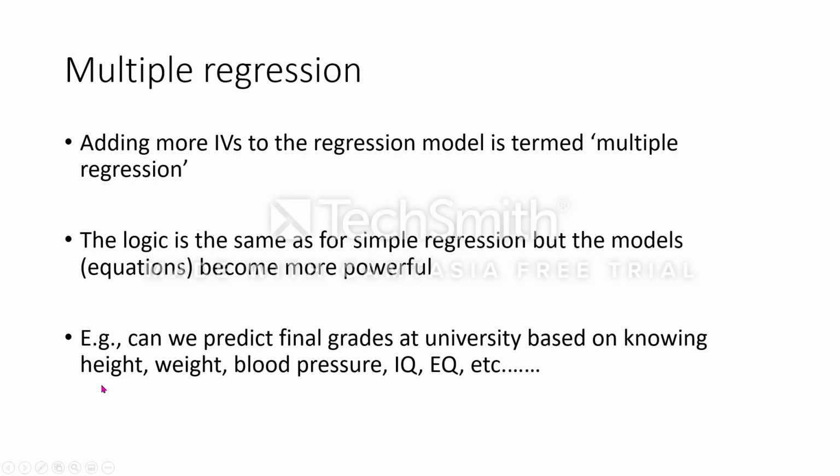So researchers might want to collect values of height, weight of individuals, blood pressure, IQ, their EQ scores, and other pieces of information, all to predict what grades someone might ultimately get at university. And the idea behind it is that the more pieces of relevant information that we can get, the better our prediction is going to be.